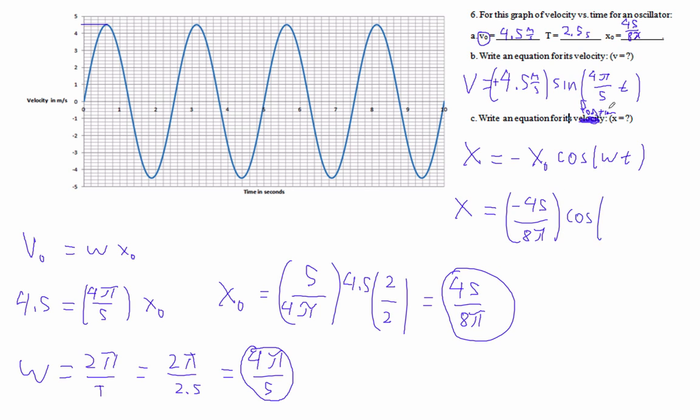Cos, and then our omega is still 4 pi over 5 times t. Yeah, did we get that right? I think we did. Negative x naught cos omega t. All right. This dog's going to hunt.